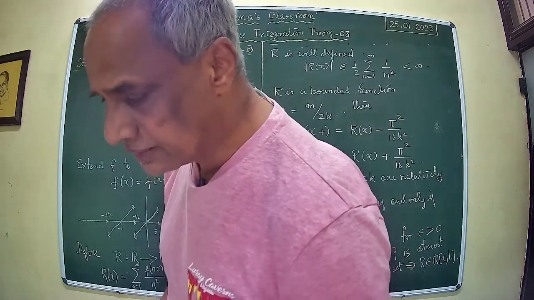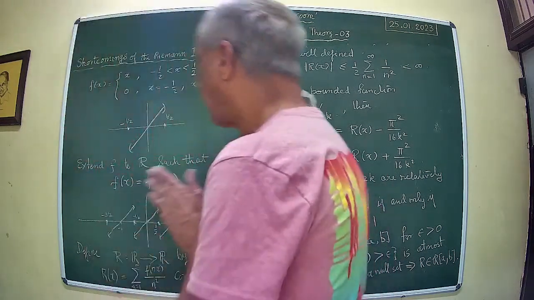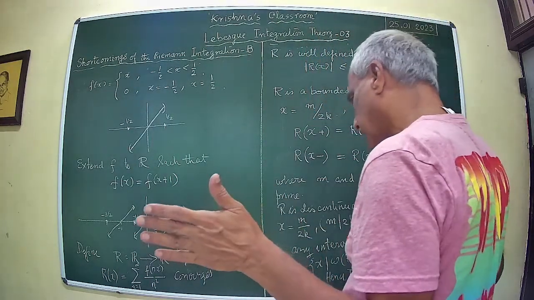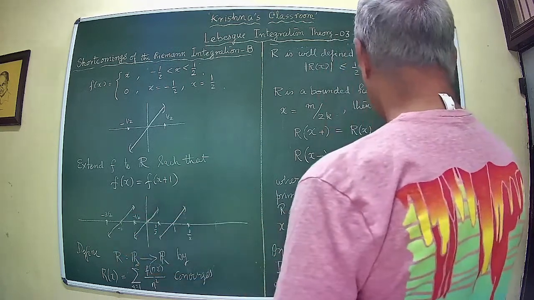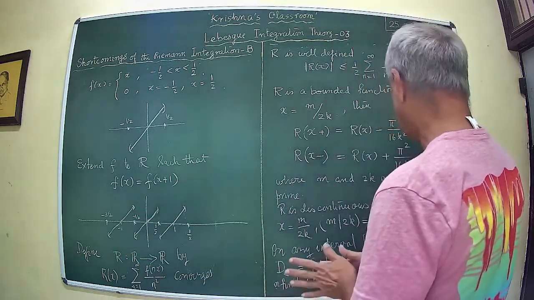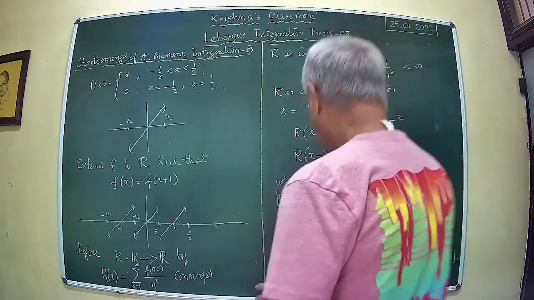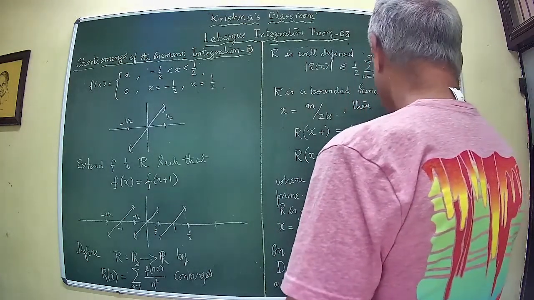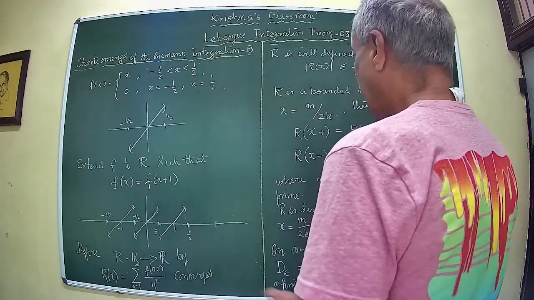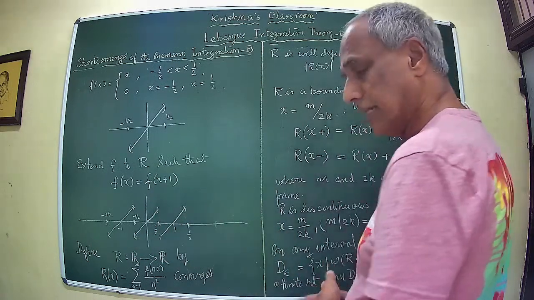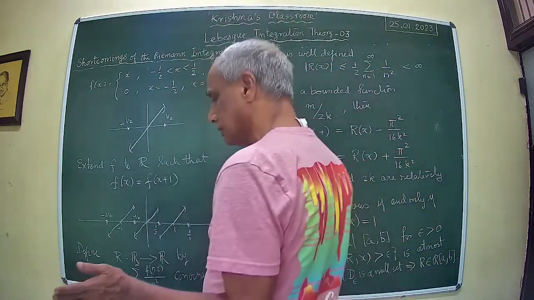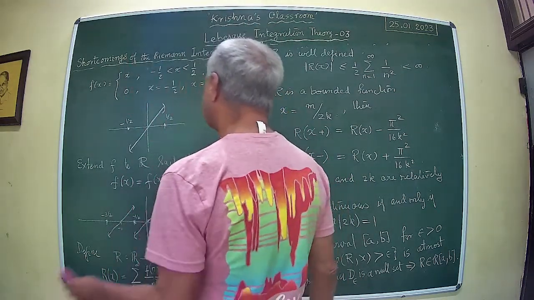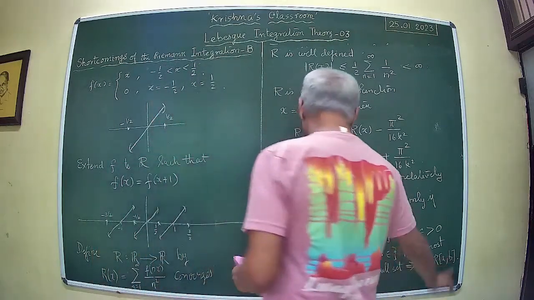So we have constructed a Riemann integrable function with infinitely many points where the function is discontinuous. At the same time, on any interval AB, it's actually at a countable number of points that this function is discontinuous. Nevertheless, this function is Riemann integrable.